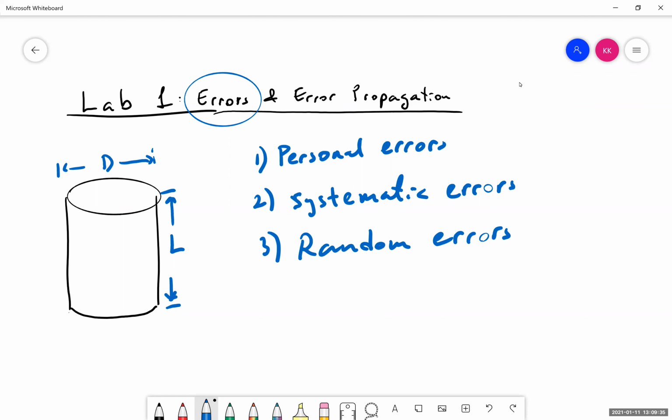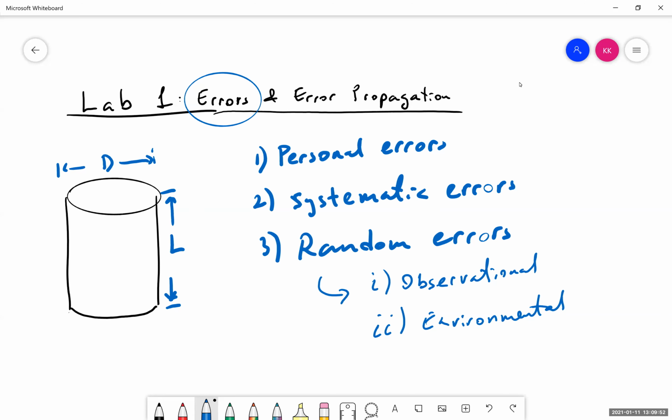So the random errors, in a way, can be observational, and they can be environmental. That means when the students are actually observing the measurements, or anything else that can happen.